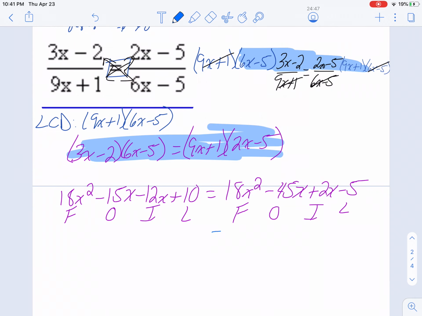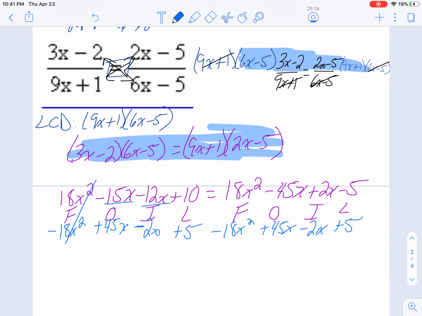I'm going to get everything equal to 0 by subtracting the 18x squared over, adding 45x over, subtracting 2x over, and adding 5 over. When I look at this, 18x squared minus 18x squared cancels out. Negative 15x, negative 12x is negative 27x.